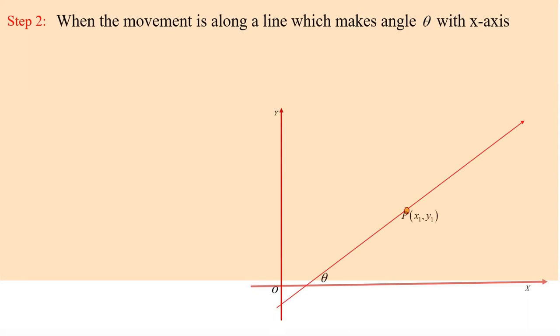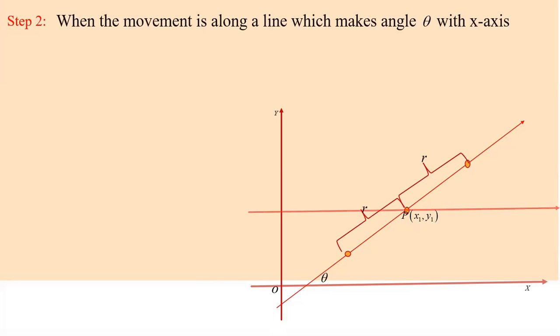Suppose my point is P(x1, y1). From that point, point P moves along the line which makes angle theta with the x-axis. Suppose the point moved along that line up is at a distance of r units, and similarly down along that line at a distance of r units. How the coordinates will change is what we want to see.